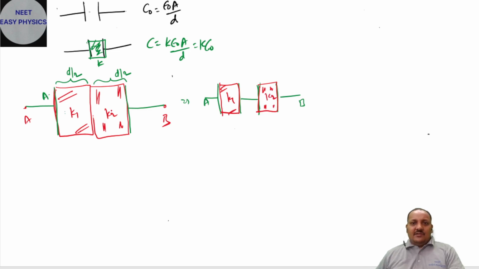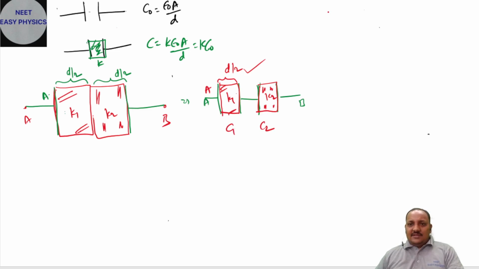Now how are these two connected? These two are connected in series. The separation is D by 2 and the area is A. Now they will ask for the effective dielectric constant or effective capacitance. This is C1, this is C2.